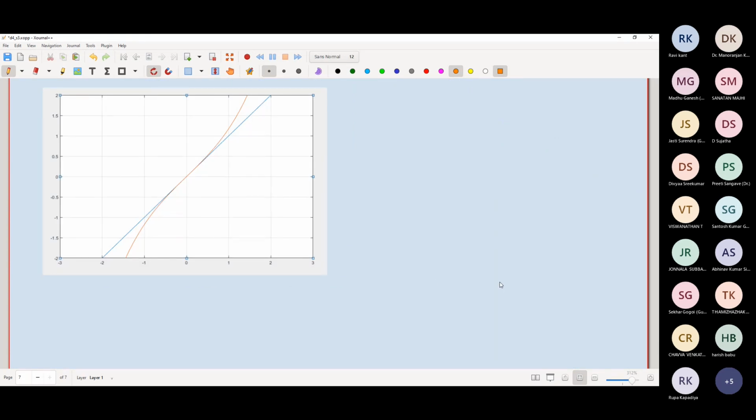Okay, so what do you see over here? The blue function is y equal to x, while the orange function is y equal to sinh of x. This is the x-axis. We see that between -1 and 1, the error incurred in the approximation is not that high. This is within tolerable limits. But beyond this, it really diverges. y equal to x keeps going like this, but the sinh function blows up to infinity.